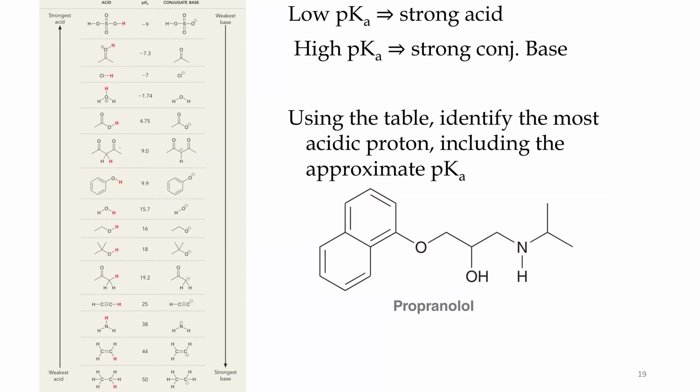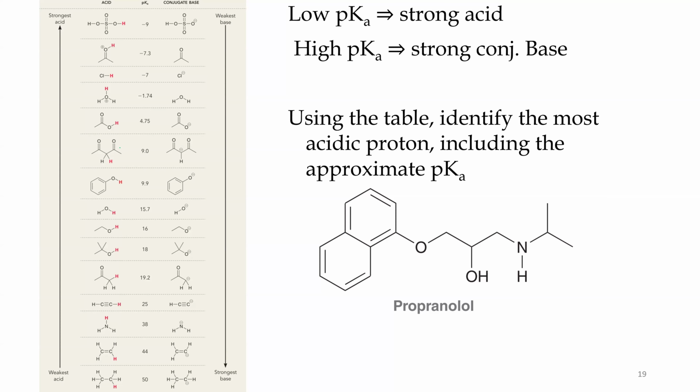How do we apply this if we have a big molecule like this, propranolol? It's got a bunch of different functional groups on it, right? How do we know which proton is the most acidic here? We look at this chart. This chart has individual molecules on it, but we can extrapolate and say, okay, any sp3 carbon is going to have something close to a pKa of 50.